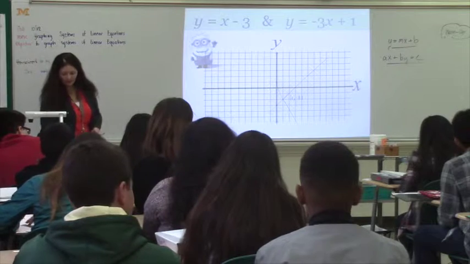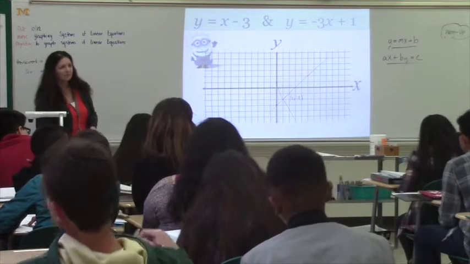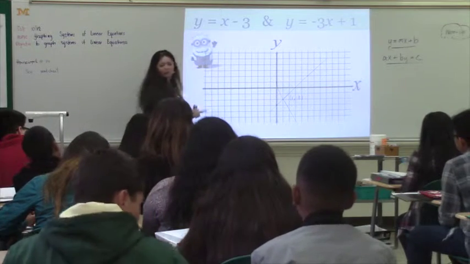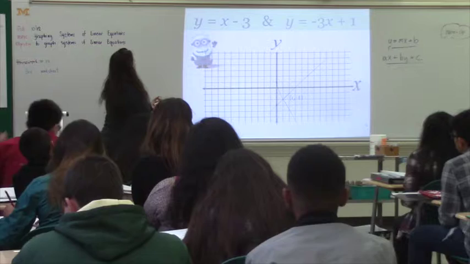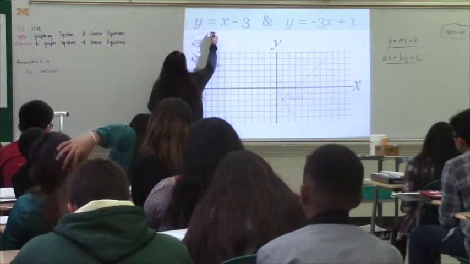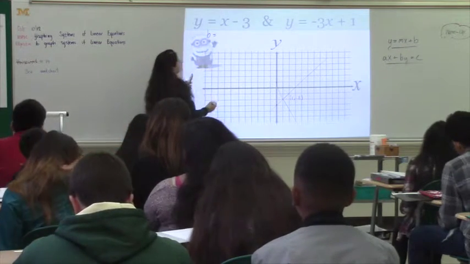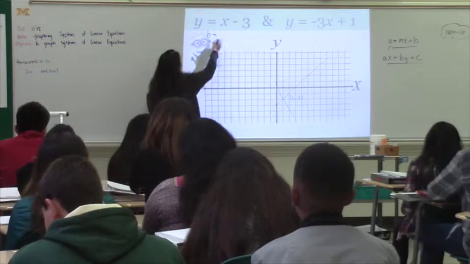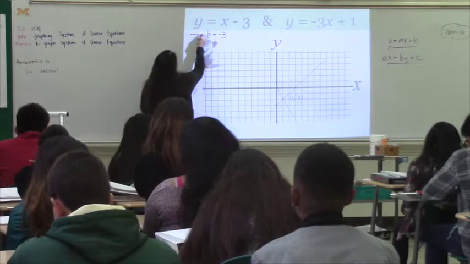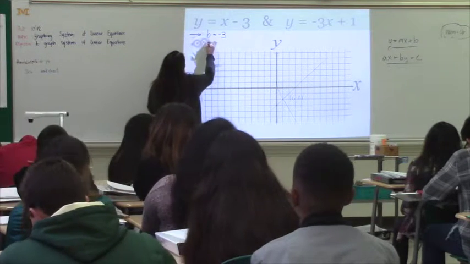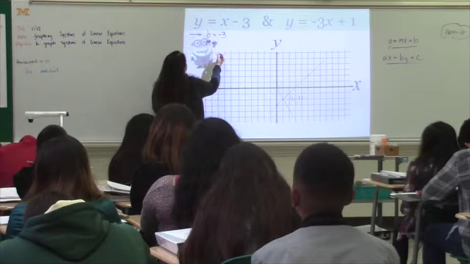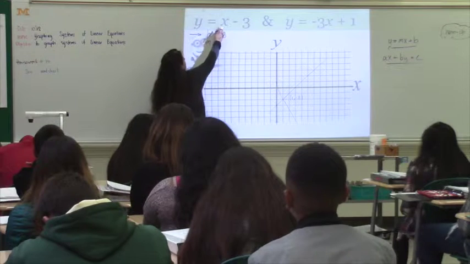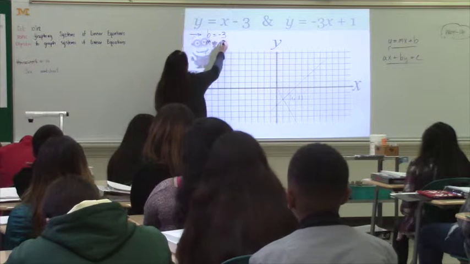Shazad, where's your card? For the first equation, what is our y-intercept? For this equation, what's our y-intercept? Negative 3. This is the point where it goes through the y-axis. What's our slope? There's an implied number here. 1.